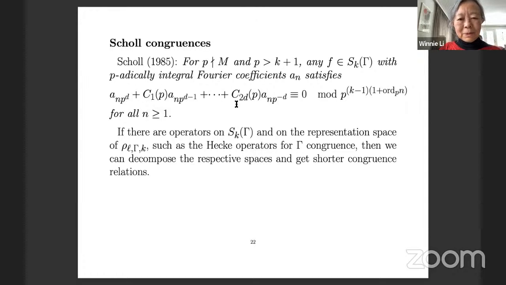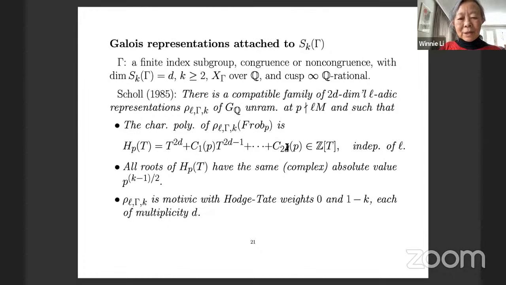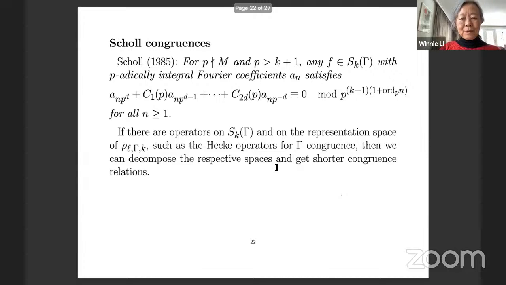Now it has 2d plus 1 terms, starting with a_{np^d}, then that goes down, divided by p each time, and finally a_{n/p^d}. And the coefficients are exactly coming from the coefficients of the characteristic polynomial. So Scholl proved that in general the non-congruence forms satisfy long congruence relations, and we have good information about these coefficients, the C's.